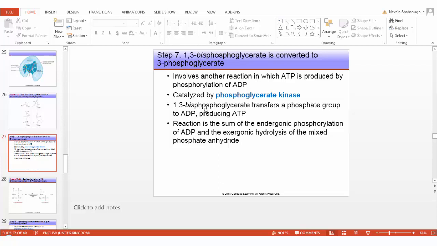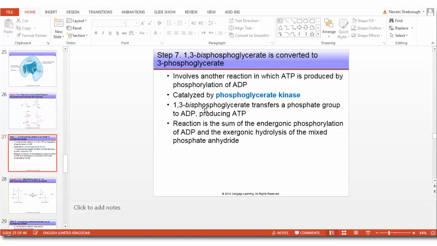The enzyme that catalyzes this step is called phosphoglycerate kinase. 1,3-bisphosphoglycerate transfers the phosphate group to ADP producing ATP, and again this transfer is typical of so-called substrate level phosphorylation, to be distinguished from oxidative phosphorylation, which we will talk about in chapter 20, in which transfer of a phosphate group is linked to electron transfer reactions in which oxygen is the final electron acceptor.